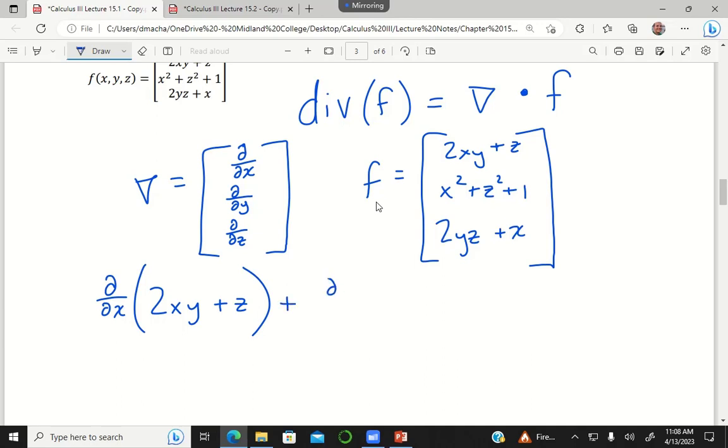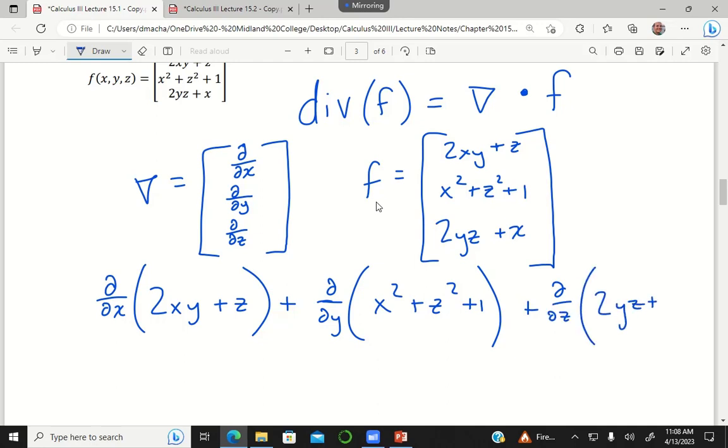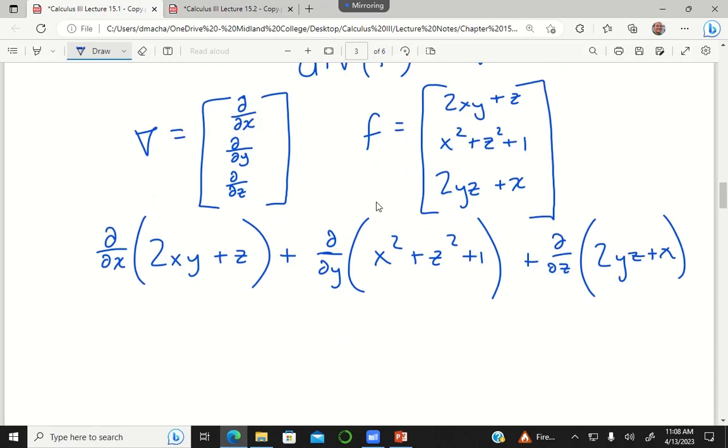And then we're going to add to it the partial derivative with respect to y of x squared plus z squared plus 1. We're going to add to it the partial derivative with respect to z of 2yz plus x.